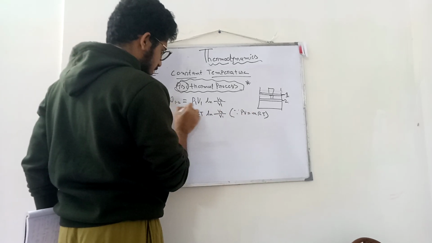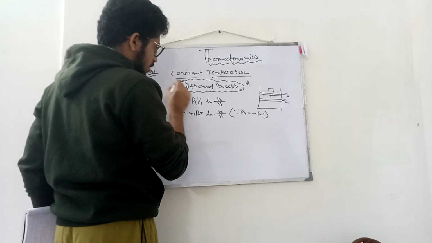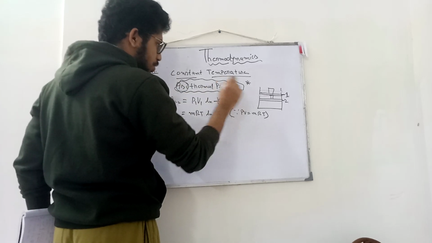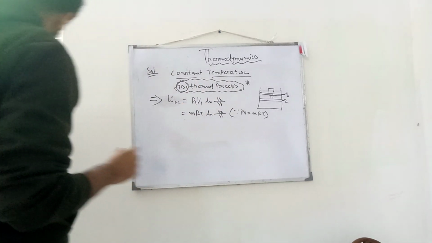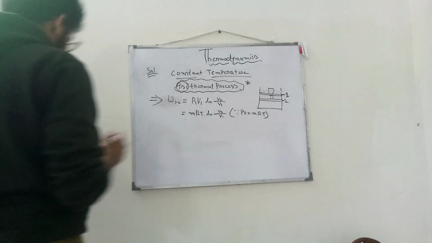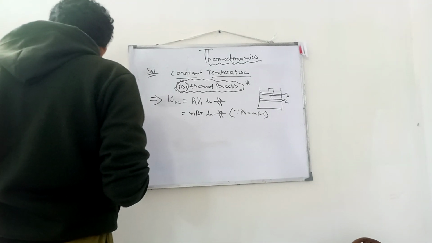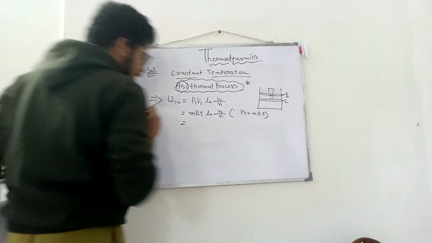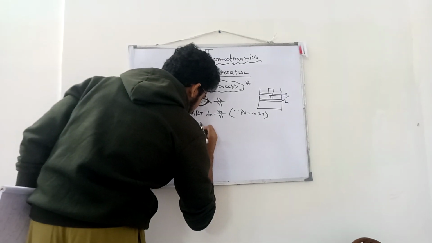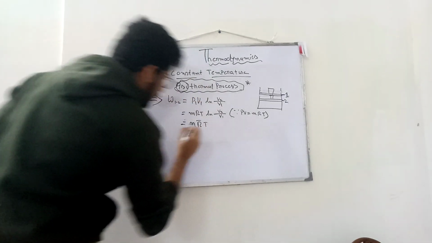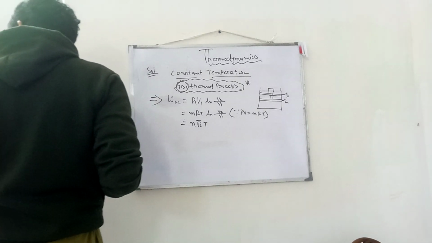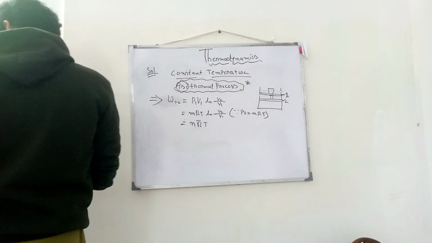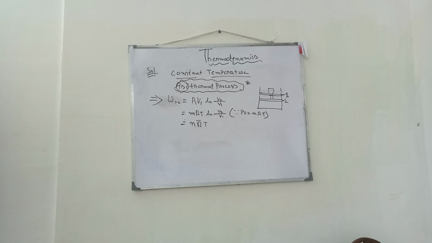From this part the solving part starts, and before this was the conceptual part, where we were understanding the question. So PV is equal to nRT, and this R is the characteristic gas constant.